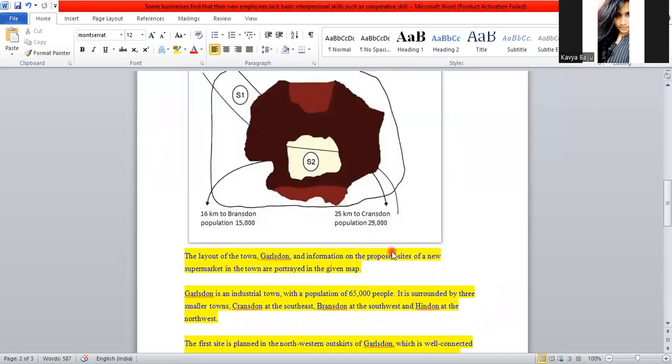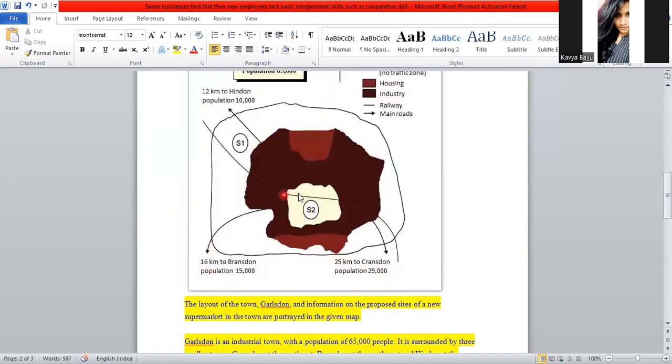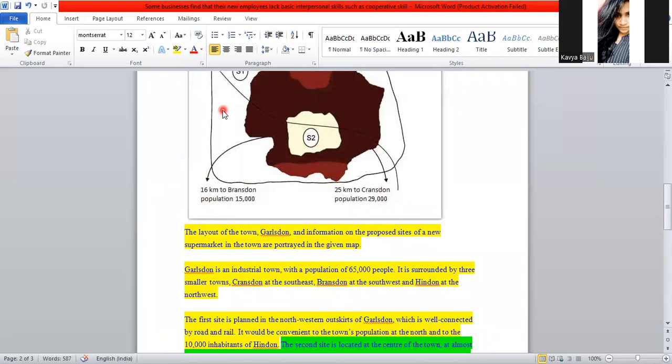It is surrounded by three smaller towns: Cranston at the southeast, Branston at the southwest, and Hindon at the northwest. So we have seen the geographical features along with the population of Garlsdon.